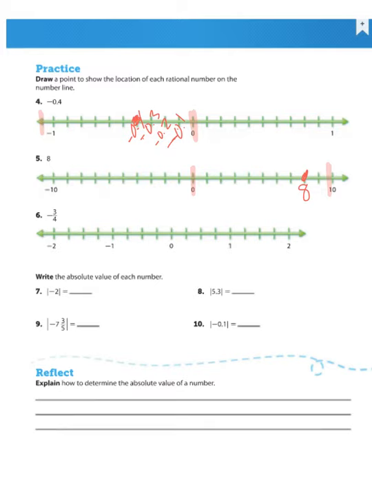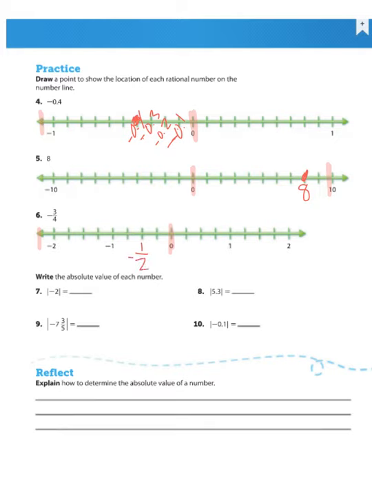-3/4. Fractions will be a little tricky. This is a negative fraction though, so I know that my answer can only be on the negative side. So again, we're not even going to look at the positive side. So in between 0 and -1, in the middle would be the fraction -1/2.